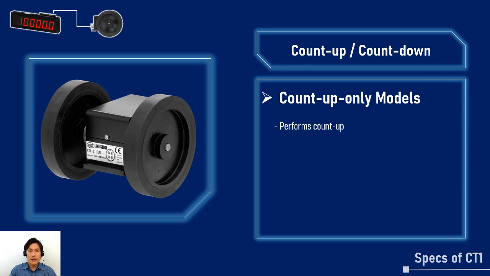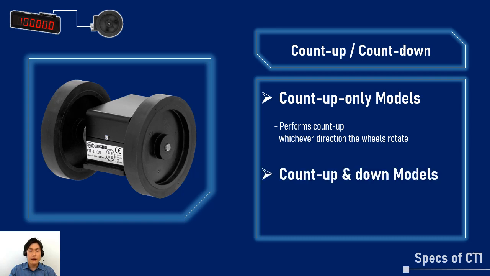They output pulses only for count up whichever direction the wheels rotate. On the contrary, count up and down models can output pulses that decrease the display value of an electronic counter when the wheels rotate backward.